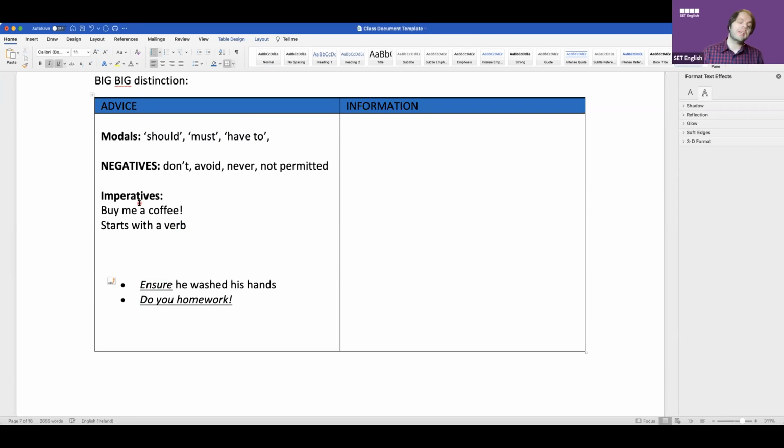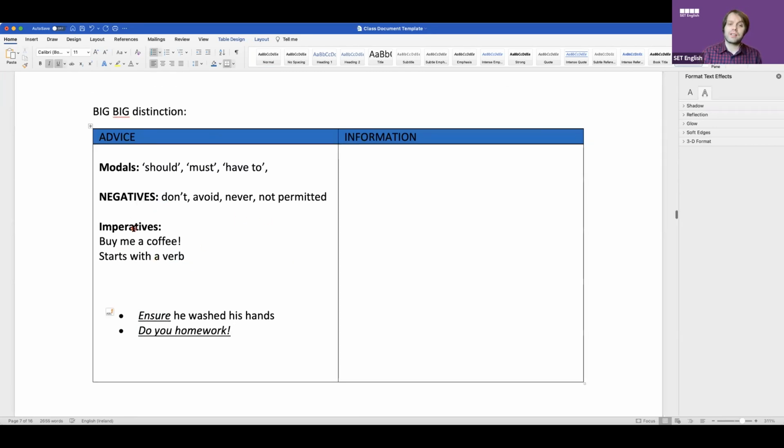So guys, these are the kind of things we're going to see in advice texts. Everything else is usually a kind of information text, right? Classification text is kind of like information, isn't it? Classification, definition, these are all almost like different types of informative texts.